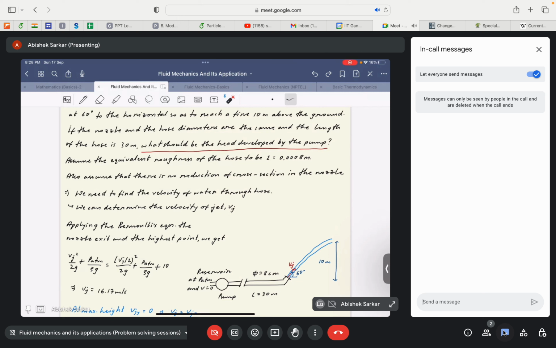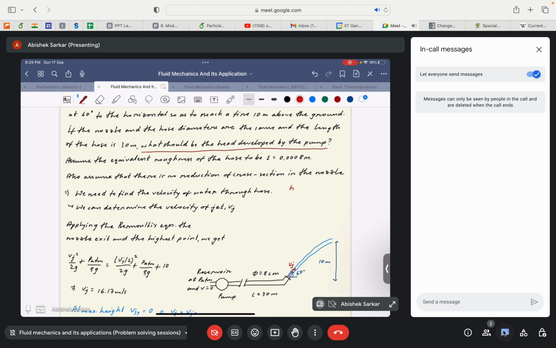To start with the problem, we need to determine the velocity in the pipe. That is the first thing we need to determine, because that will help us in determining the Reynolds number. Since we need to know the head loss, I'll just give you a simple algorithm.